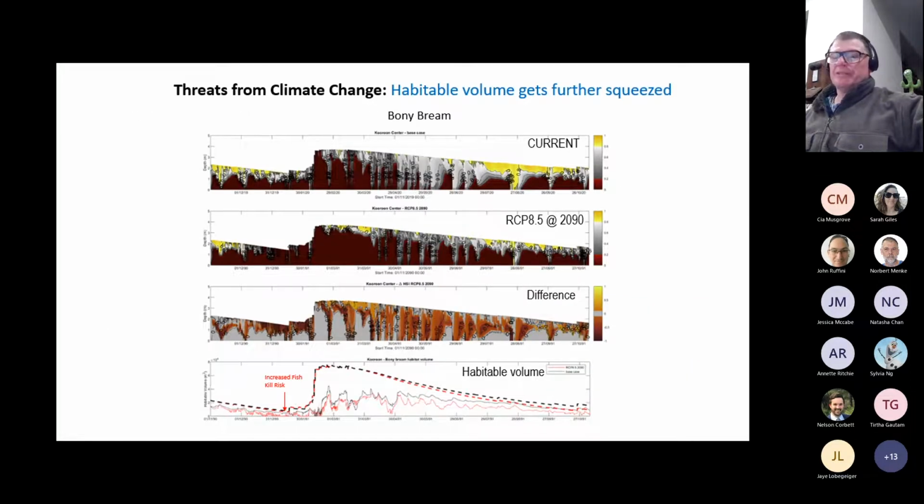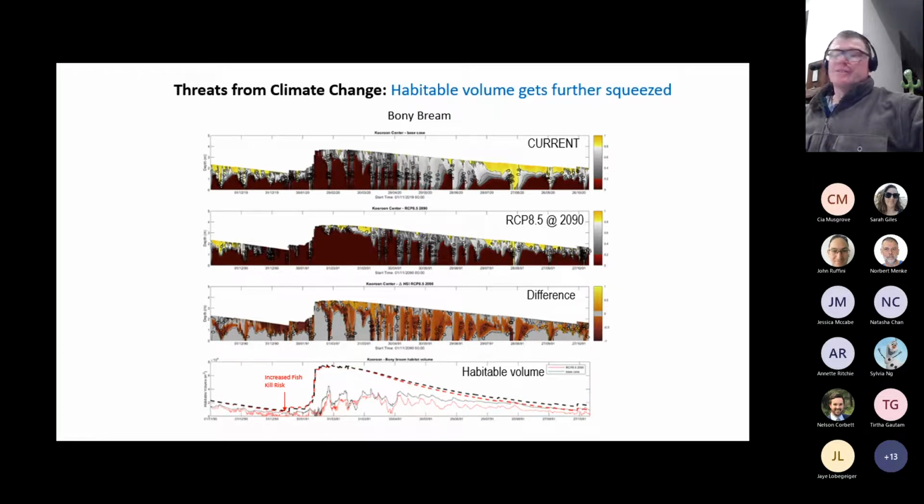Another climate change effect, with that hypoxia and fish project, we used the Queensland climate change dashboard data to look at how conditions that were relevant to the models might change into the future. And we can see that under an extreme climate change scenario, there's quite a large decrease in the amount of habitable volume over time.